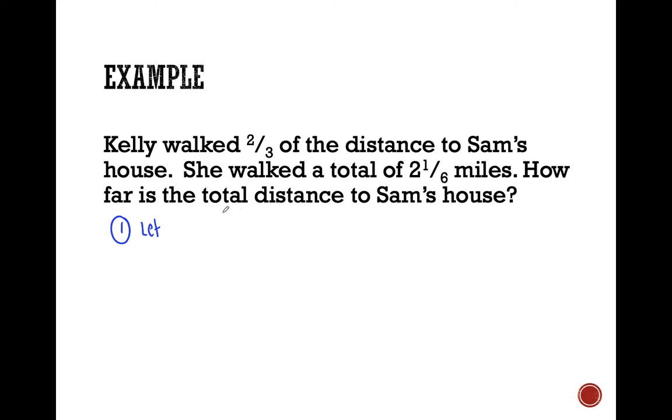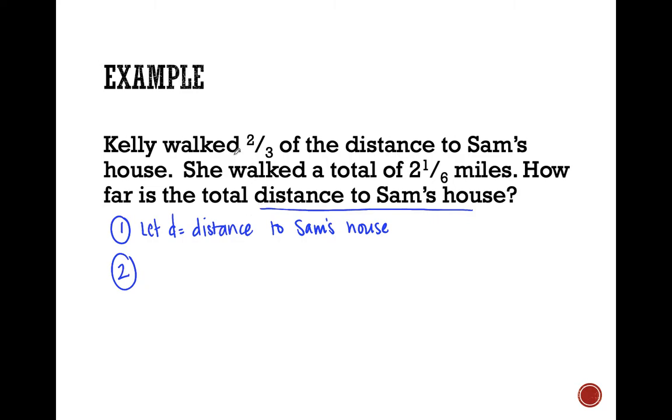So in this problem, the missing information is the distance to Sam's house. So we're going to write let D represent the distance to Sam's house. So that's step 1, that's our let statement. We just pick a letter and we write what that letter is going to represent in our problem.